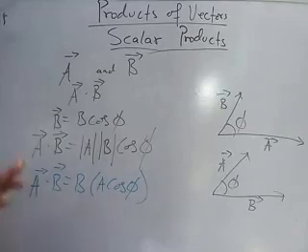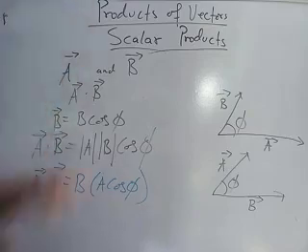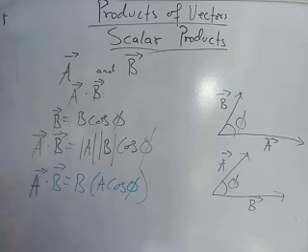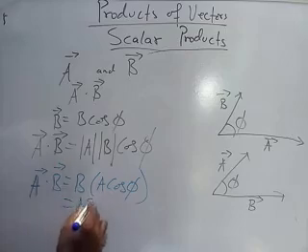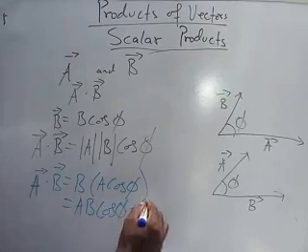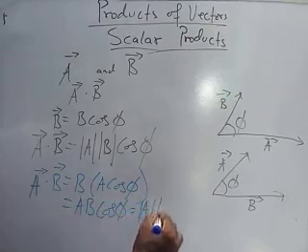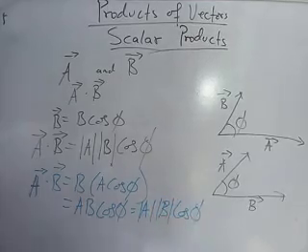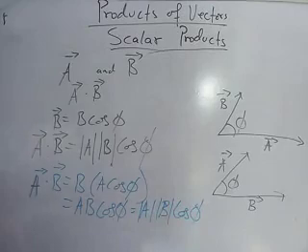So calm yourself down. When you really observe this, what can we see? This is the same as AB cos phi, or write it like this: vector A, vector B cos phi. So let's look at it gently and see what we can pick out from here.